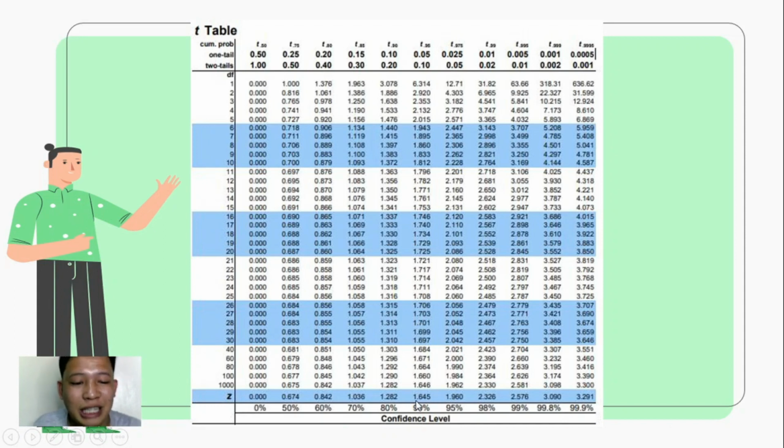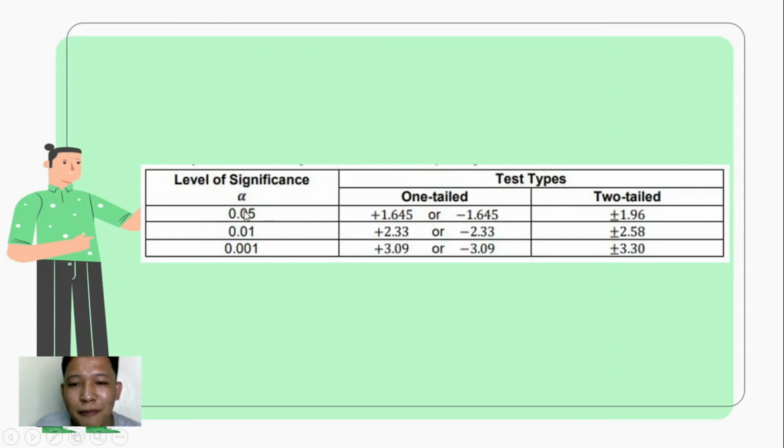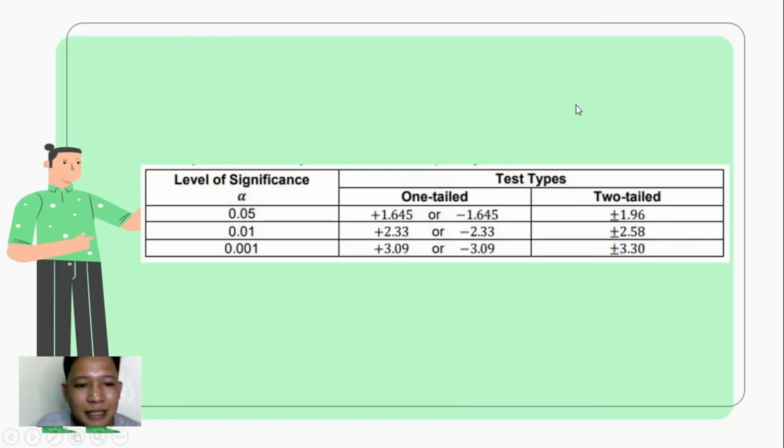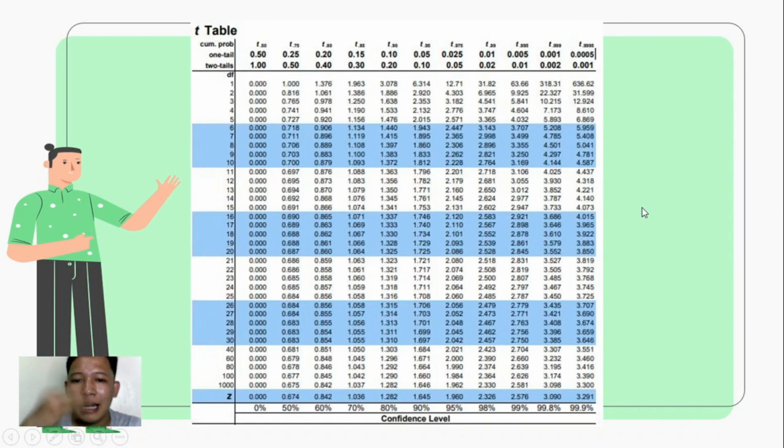So doon ka sa dulo titingin. Kapag 5%, pag one tail, that is positive or negative 1.645. Pero kapag two-tailed naman na z, let's say for example, 5% two-tailed, dito ka titingin, so your z value would be what? That is 1.96, which is ito din dito. Okay? So, much better na, ito na po yung gamitin natin kasi magkasama na po sila.